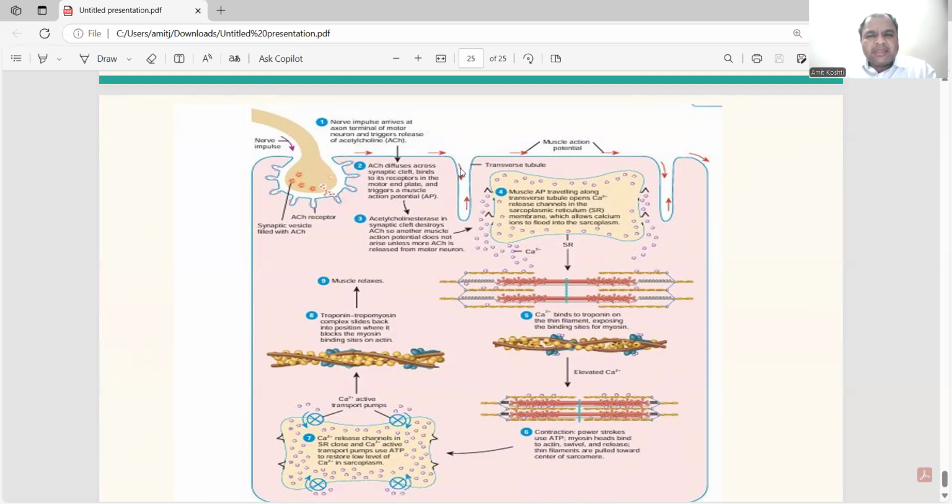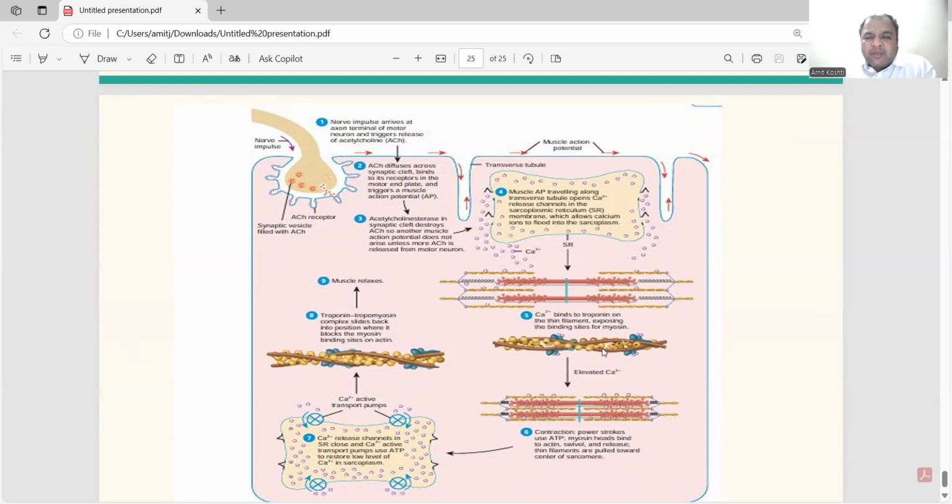At the triad, you can see the T-tubule and the sarcoplasmic reticulum, which is part of the terminal cisterna. It releases calcium through its channel. Calcium binds to the troponin molecule, troponin gets dislodged and causes a conformational change in the tropomyosin. Now tropomyosin no longer hides the myosin binding site on the actin molecule.